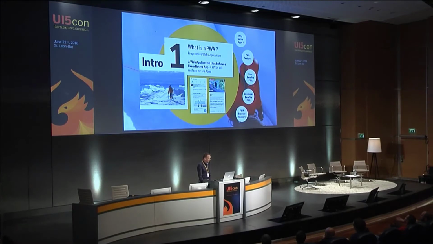What is a progressive web application? A progressive web application is a web application that behaves like a native app. And my prediction is that progressive web applications will replace most native apps in the long term. Not in the short term, but in the long term.